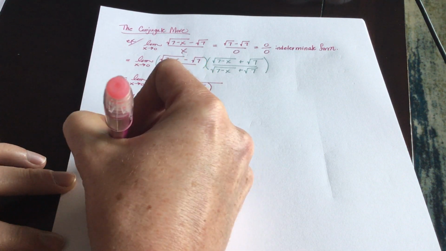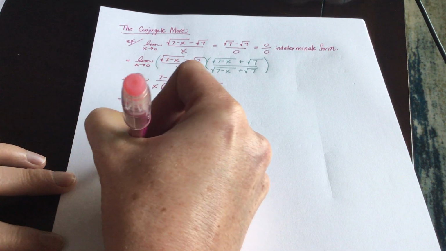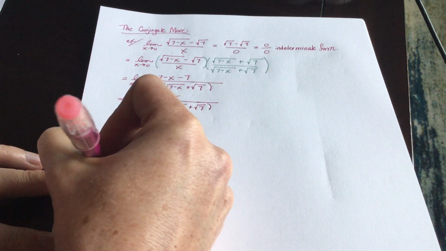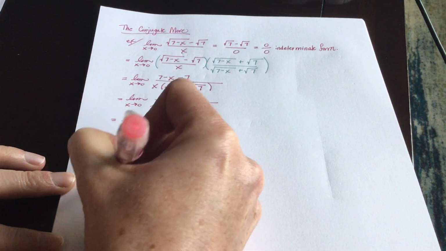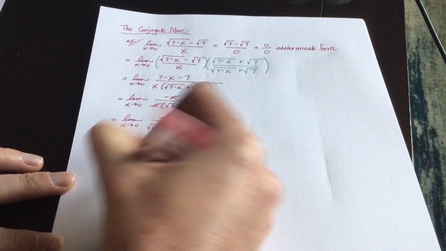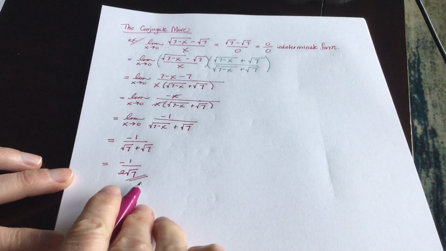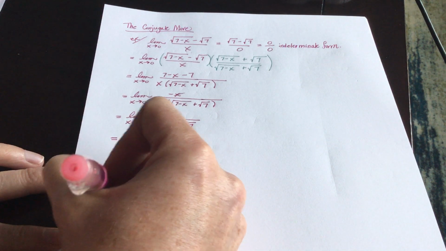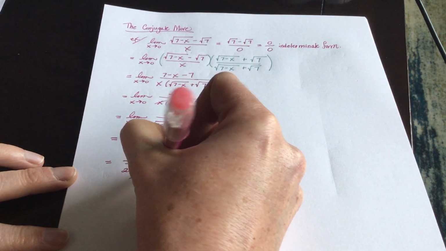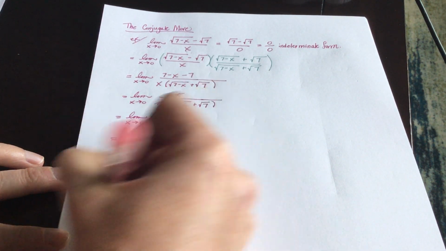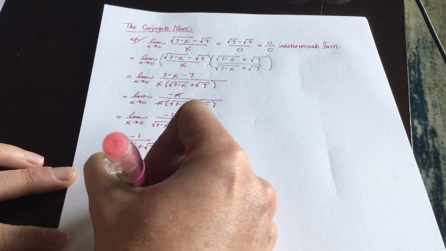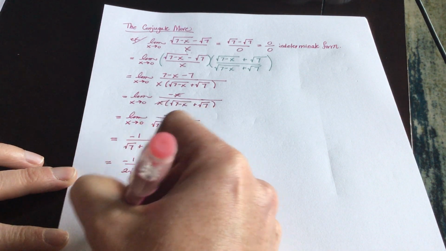We'd get negative 1 over the square root of 7 plus another square root of 7, also known as negative 1 over 2 square root 7s. You could leave it like that, or if you can't stand it, you need to rationalize the denominator. You could always multiply it by square root 7 over itself, and then you'd have negative square root 7 over 14.